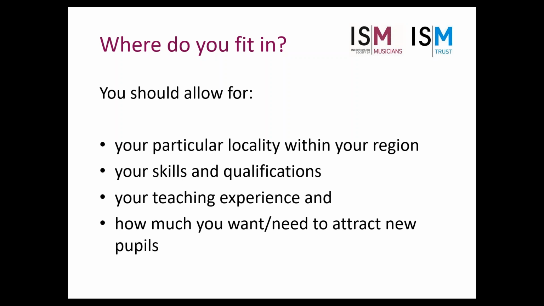You also need to think about certain life factors, including where you are in your life right now. Do you need lots of pupils, or can you afford to have fewer? What is the wider picture of your life, and how does earning a living from teaching fit in it? You may want to have fewer pupils, and you may be able to charge more for those you do have. You may also want to attract new pupils if you're starting out, so price could also be a factor there in gaining new pupils. I'm sure you'll be able to think of other relevant examples in your own cases.